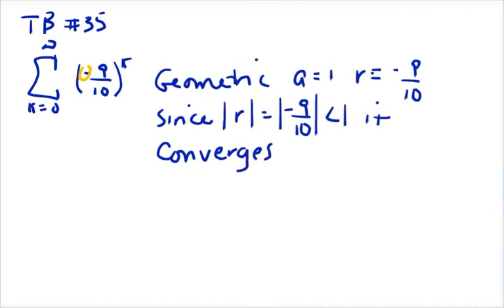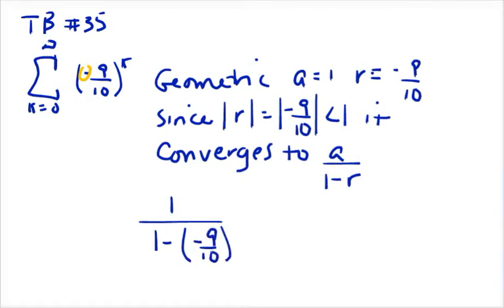And it converges specifically to a over 1 minus r for a geometric series. So this is 1 divided by 1 minus minus 9/10, which is equal to 1 over 19/10, which is equal to 10 over 19.